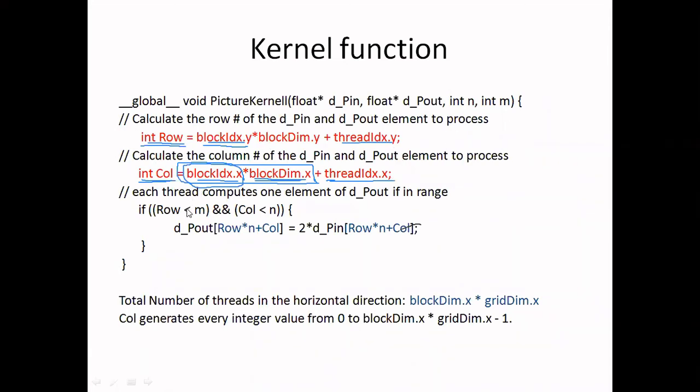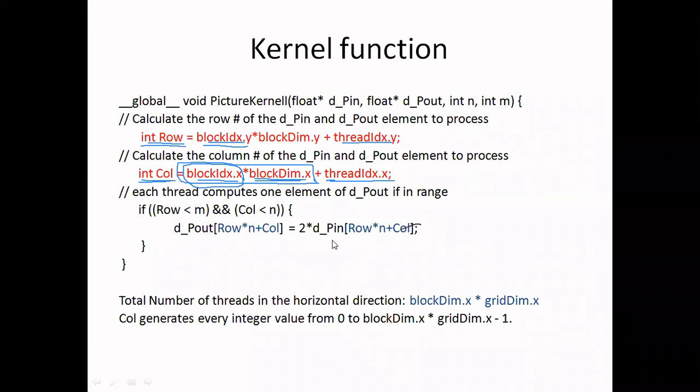And then we can check whether this row and column are within the range or not. I want the column to be less than n, the x dimension, and the row to be less than m, the y dimension. Then I can access the data.